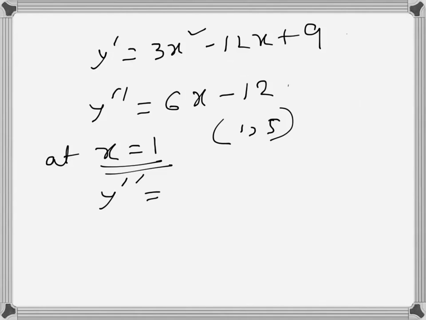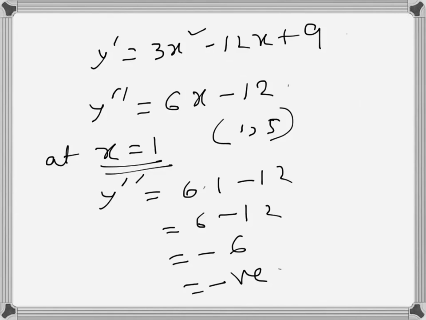So plug in the value of x here: 6 times 1 minus 12 gives 6 minus 12, which is minus 6, a negative sign, meaning it is less than 0. Since this is less than 0, this point is a maxima. So (1, 5) is a maxima.